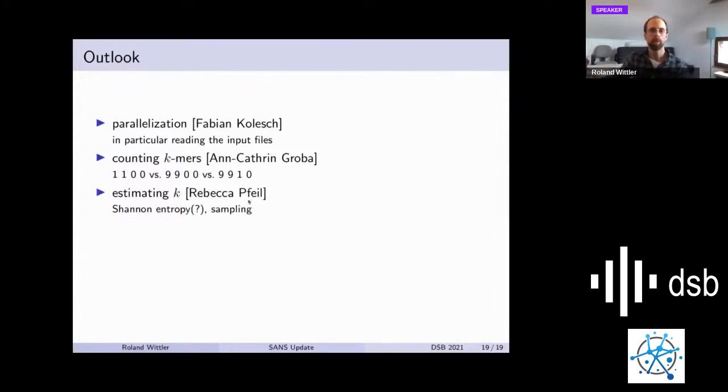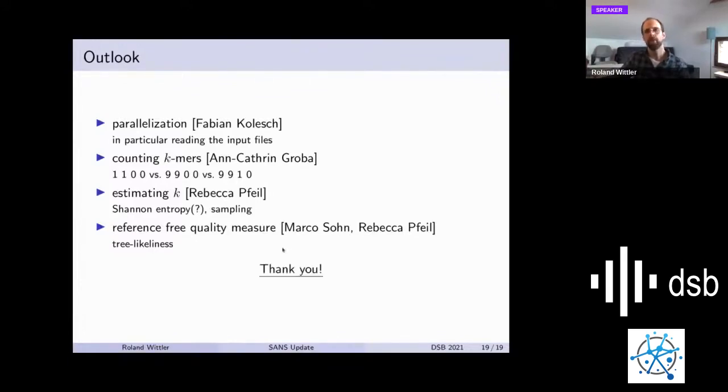So one bachelor thesis, Rebecca, she will work on two ideas how to estimate a good value for K. And we also want to investigate further some idea we already started with to measure the quality of the results without having a reference at hand, where we cannot compute the recall and precision. Yeah, with this, I conclude my talk and thank you very much.